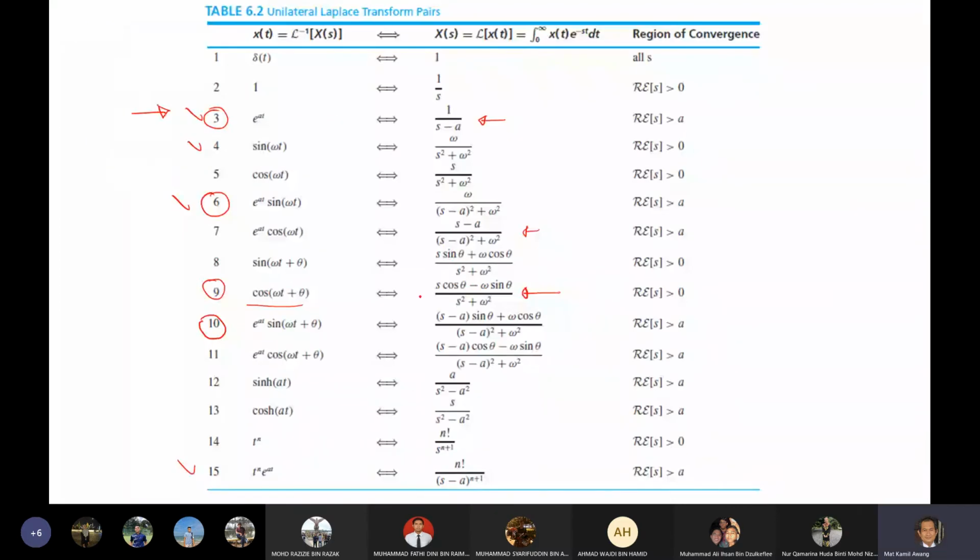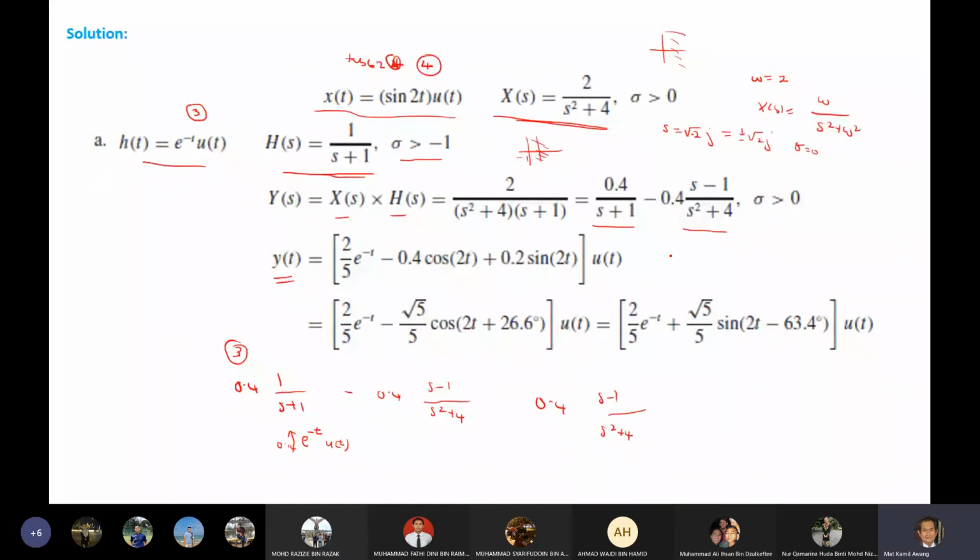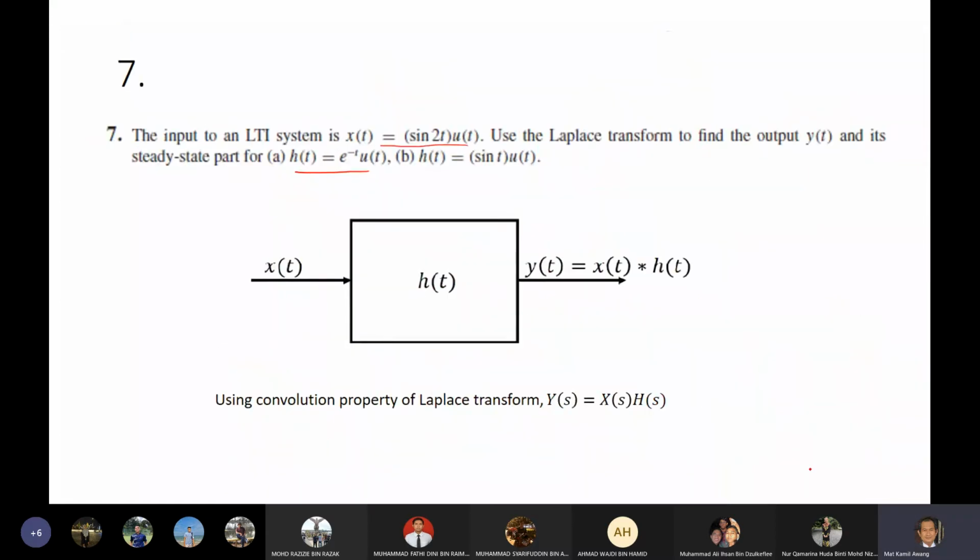You need to play around with this to find which one. Oh, this one maybe you can split into minus 0.4 s over s squared plus 4 and plus 0.4 over s squared plus 4. Anything that looks similar to that?